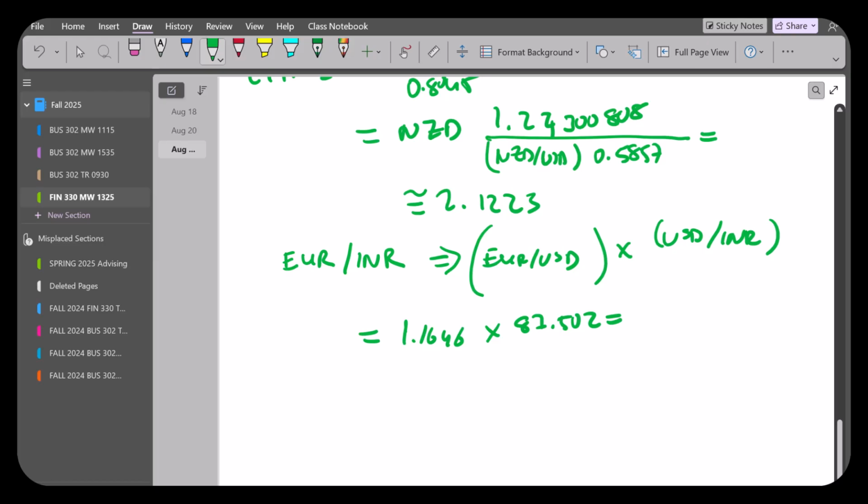My fat fingers. 101.905. So €1 would get you roughly 101.9 rupees.